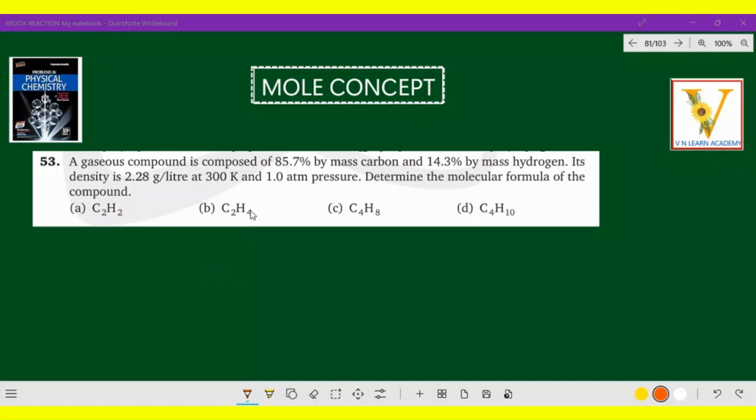They asked about the molecular formula, so we can go that way, rearranging for the molecular mass from the ideal gas equation.